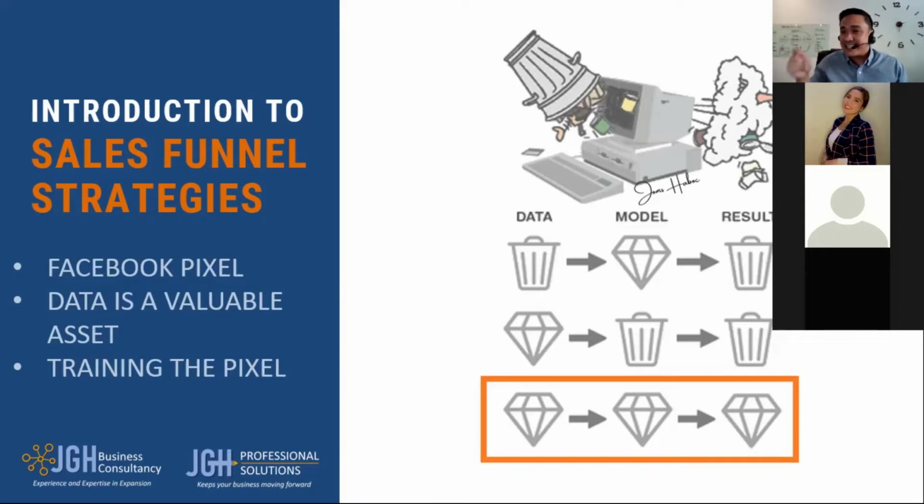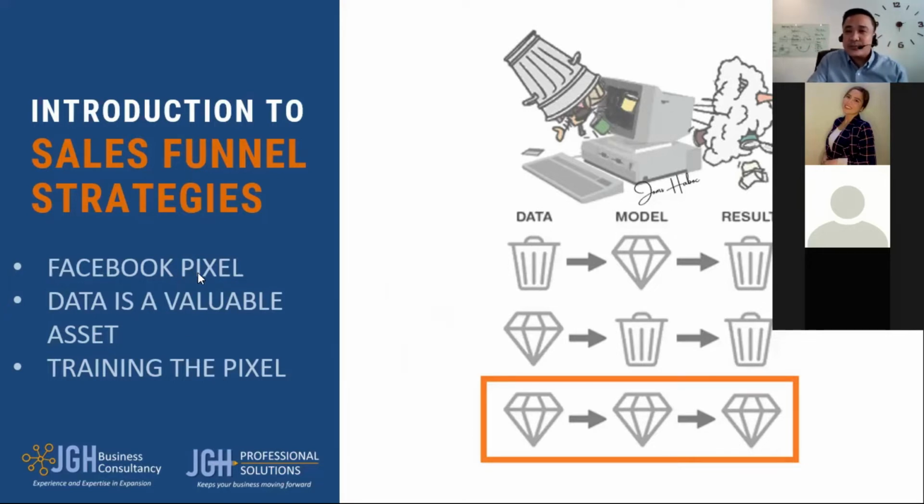That serves as a chip, parang microchip. Now we track the customer's activity. Okay? So because of that Facebook pixel, all of these activities inside the platform are tracked and data is generated.